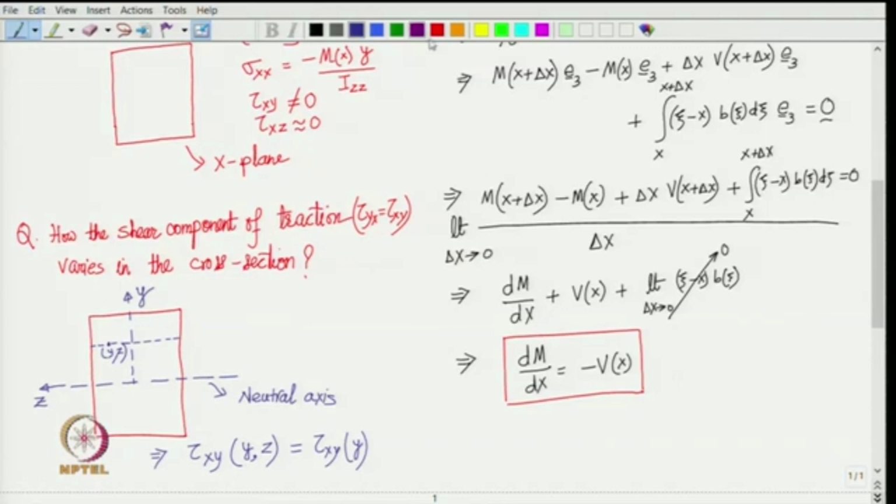So, if we try to draw the distribution, then we have something like this. The shear traction has got uniform magnitude, therefore, these arrows have the same length.